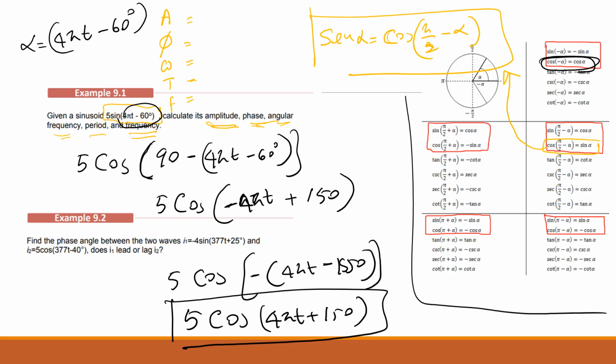You can't add 2 pi over 2 and 4 pi t because they are not like terms. Are they like terms? Here you have t, but you don't have a t there. How do you add them together? You can only add or minus 90 and 60, but you can't do anything with 4 pi t.